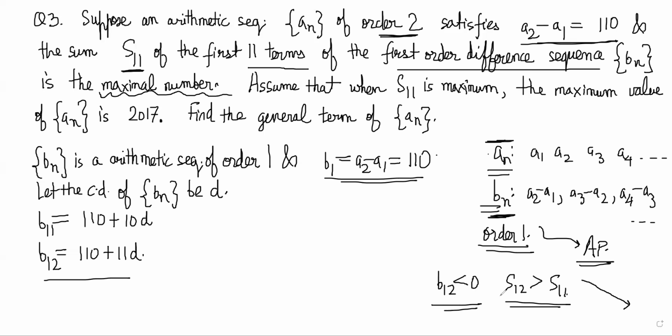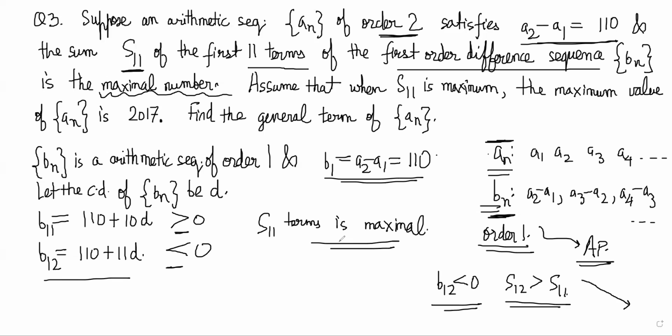If B12 is less than 0 and B11 is greater than 0, then we can say for sure that the sum to 11 terms is maximal. I hope you are understanding what I'm saying.